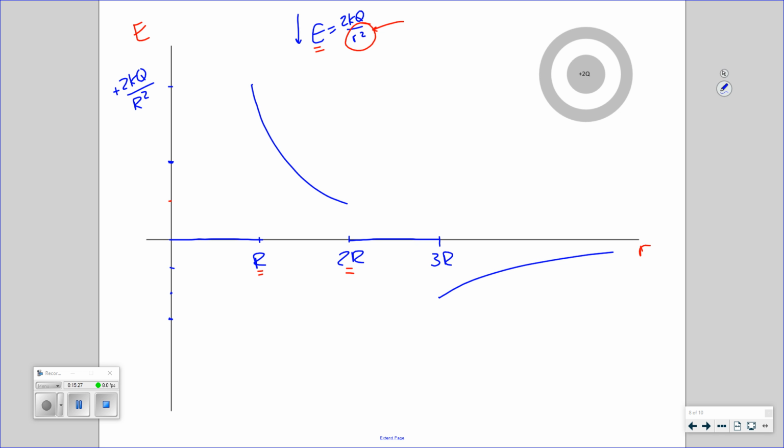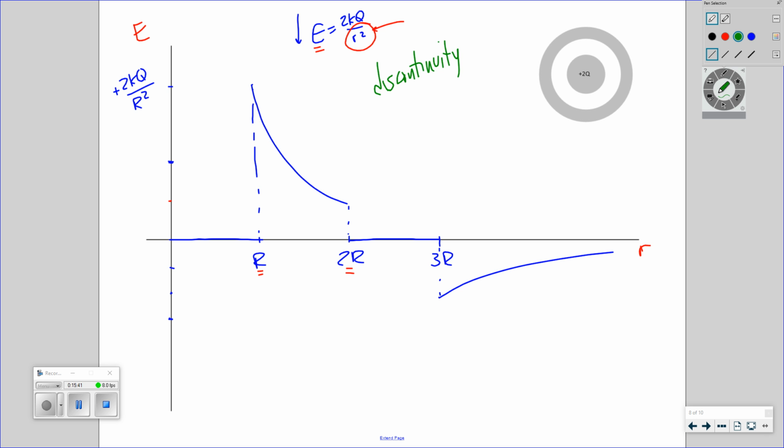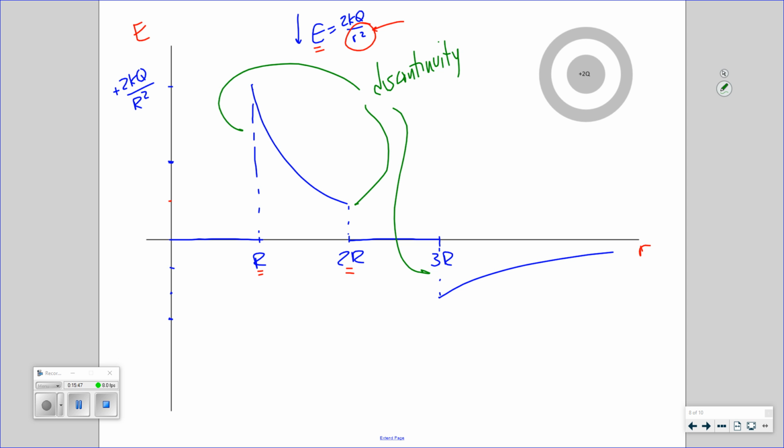And if you want, you can say these are called discontinuities. Here's one, here's one, here's one. At the surface of every conductor, there exists a discontinuity in electric field.